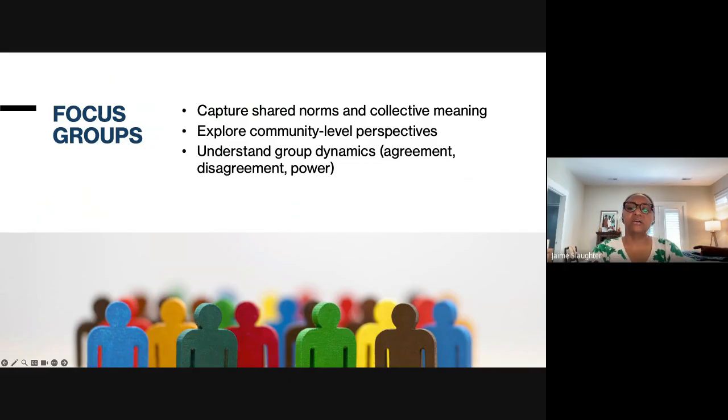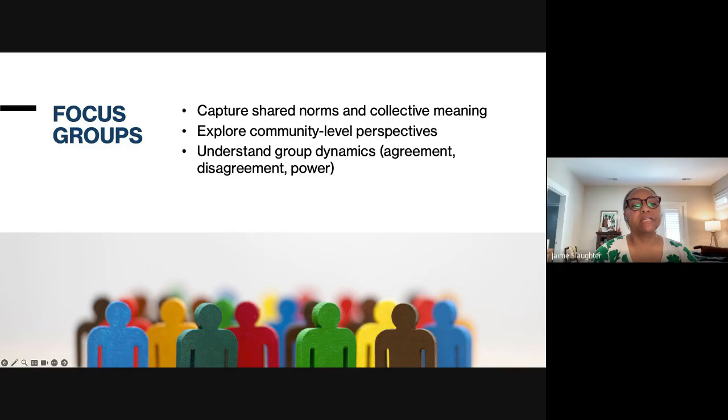Focus groups are, in essence, group interviews where participants discuss topics guided by a moderator. Generally, they're generating insights through group interaction. And that's what's really great about them, because they are really aligned with capturing shared norms, or collective meanings within groups or segments of the population.